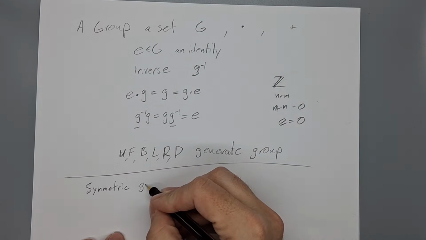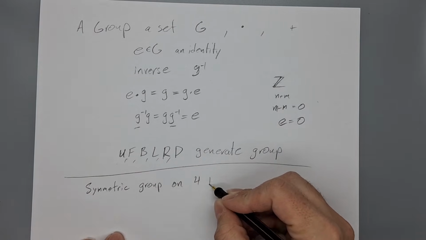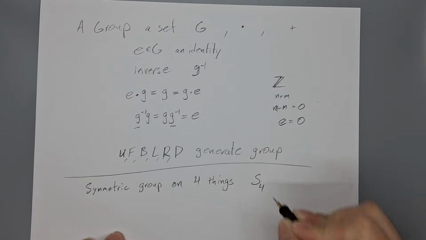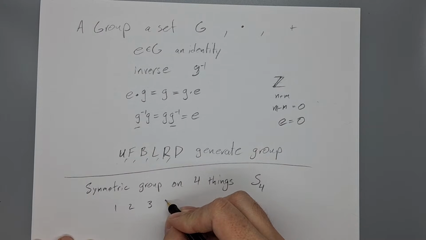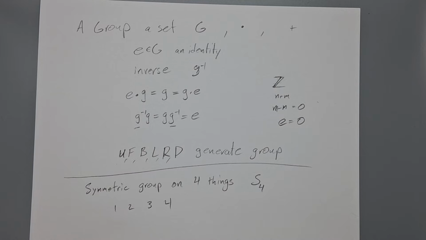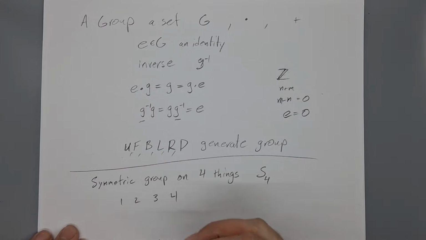So let's talk about the symmetric group on 4 things, also denoted S4. So the idea here is if I have 4 things, let me just number them, 1, 2, 3, and 4. The symmetric group is all the ways to rearrange these things or map them onto themselves.